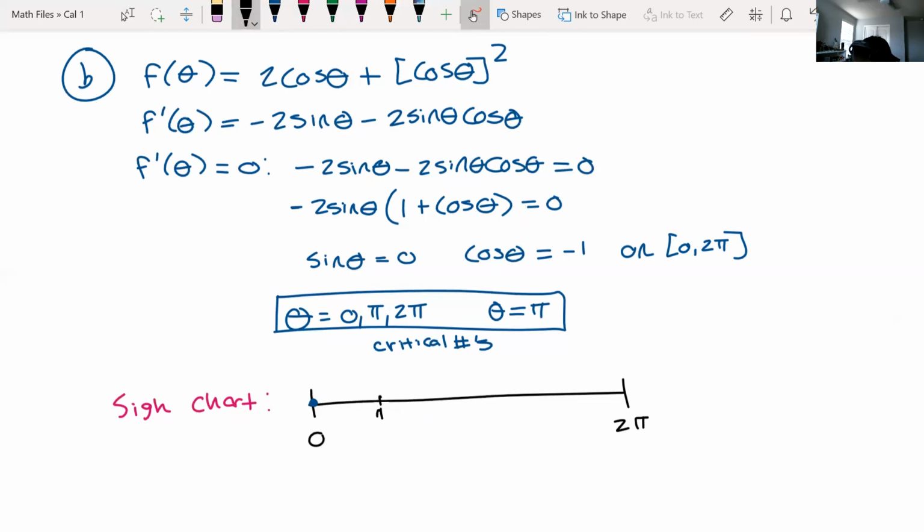So there would be pi over 2. And then pi. And then 2 pi. Look at that.